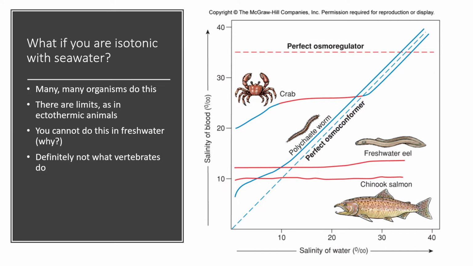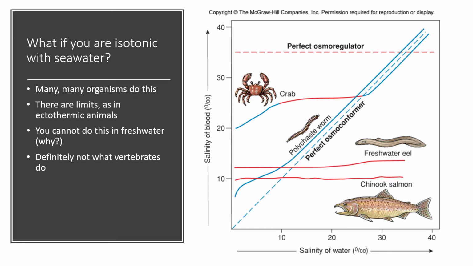There are probably limits to how far you can go, and this image on the right is a really good example of that. And the other thing I want to point out is that things that we call osmoconformers, things that modify or don't modify their salinity concentration, are an idea. They're not an exact thing.